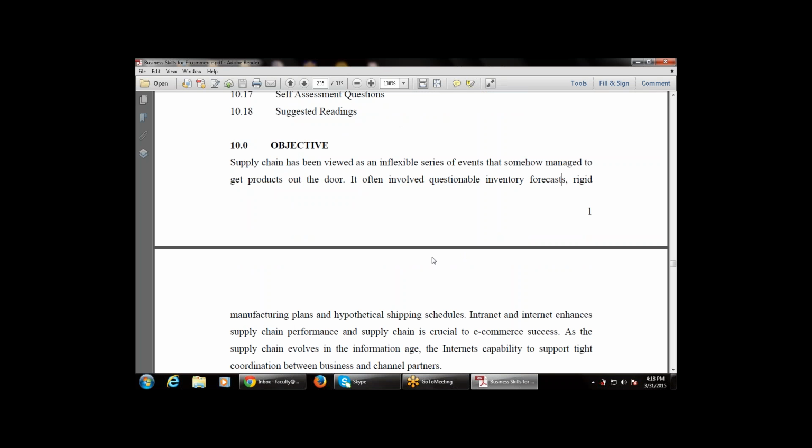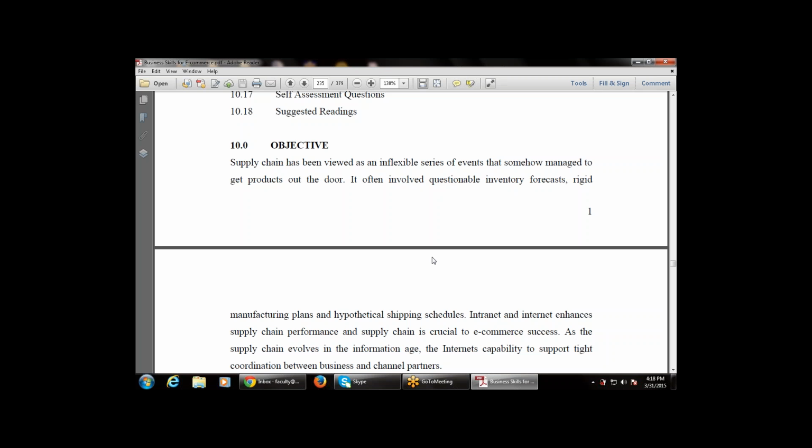Intranet and internet enhance supply chain performance. With the use of either the internet, which is a collection of networks, a geographical area network, or the intranet, a local area network, supply chain performance is enhanced, and supply chain is critical to e-commerce success.